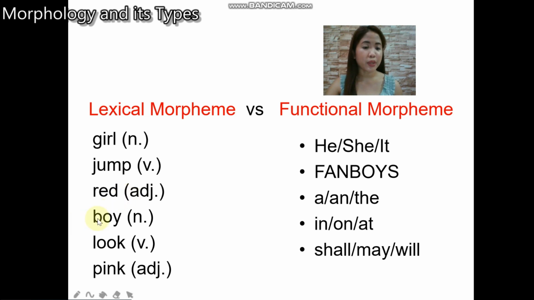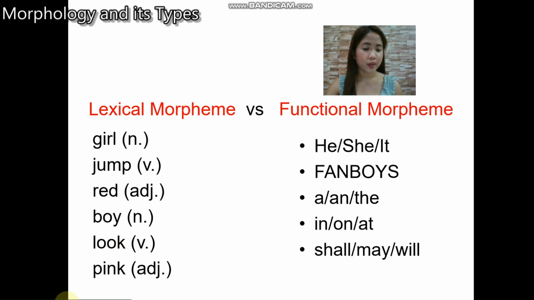Now let's have the word boy. If we try to add another morpheme to this word, it becomes boys, which also functions as a noun. Then we have the verb look. If we try to add morphemes to this word, it can become looks, looked, or looking.